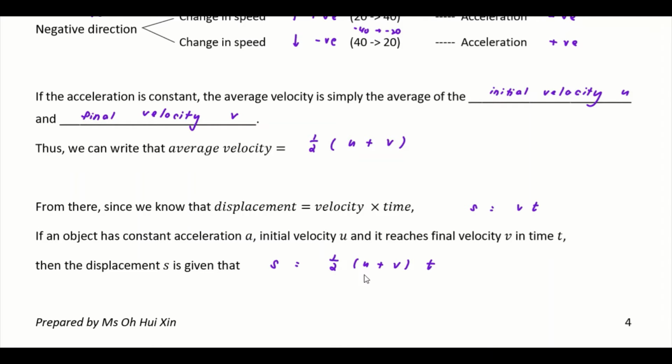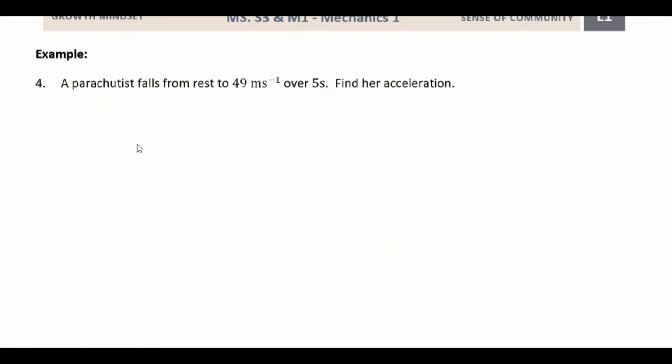Now let's look at two examples before we end the lesson. Example 4: a parachutist falls from rest to 49 meters per second over 5 seconds. Find her acceleration. This is pretty direct. Acceleration is the change of velocity, the final velocity minus the initial velocity, divided by the time.